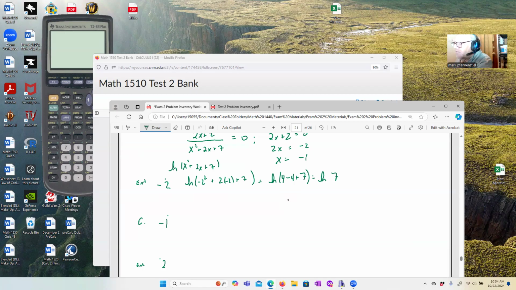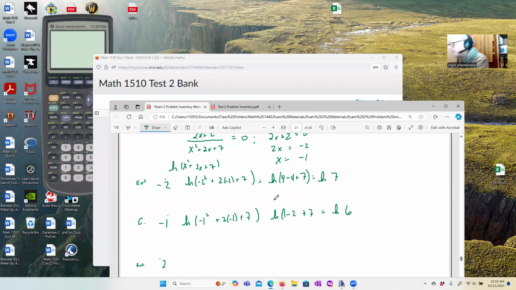Now let's plug in -1. We have natural log of -1 squared plus twice -1 plus 7, which is natural log of 1 minus 2 plus 7. 7 minus 2 is 5, 5 plus 1 is 6. This is equal to the natural log of 6.